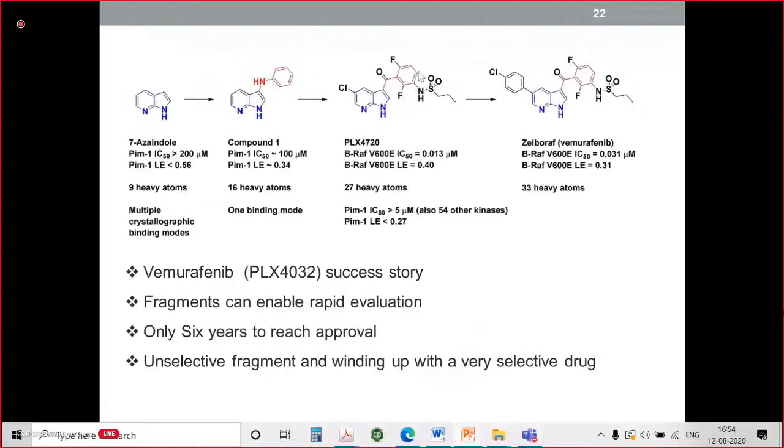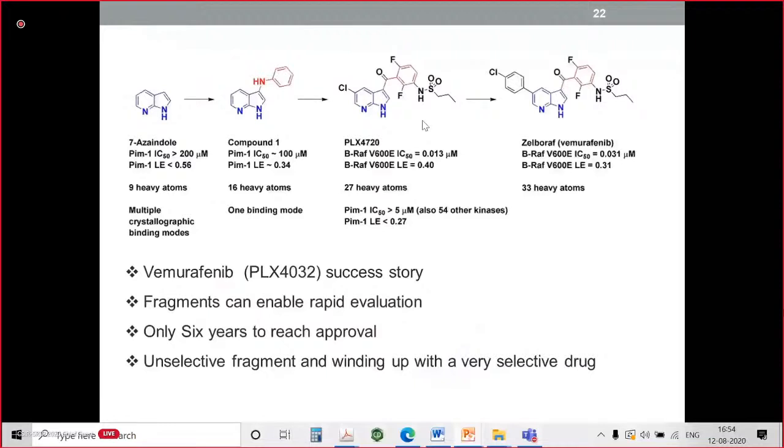So different fragments were added, like say in the azaindole, a chloro was added. Then later on the other fragment was connected with a carbonyl rather than the amine, with a sulfonamide linker. But this linker is not actually a side chain. So the side chain was added as the sulfonamide, and this led to the development of PLX4720.